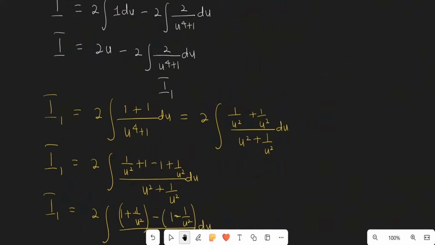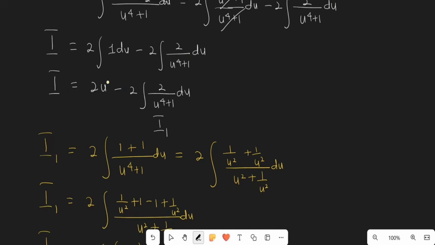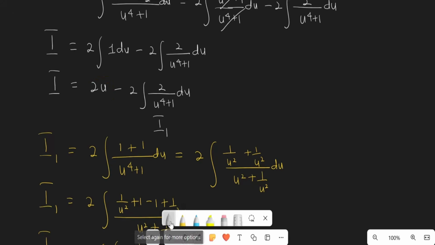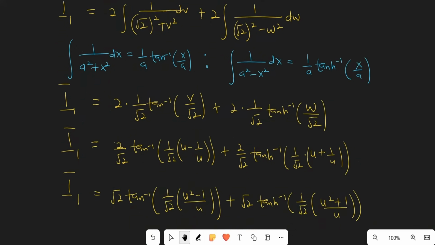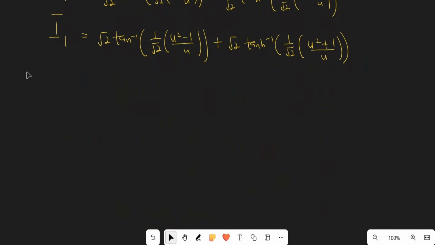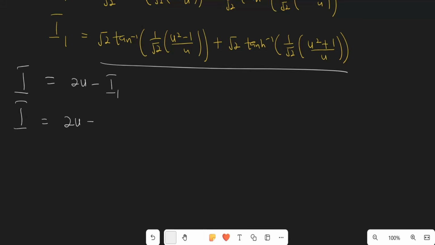So the integral I is going to be 2u minus I1, right? So we can just subtract integral I1 from 2u. So I is going to be equal to 2u minus I1, and I1 is this.